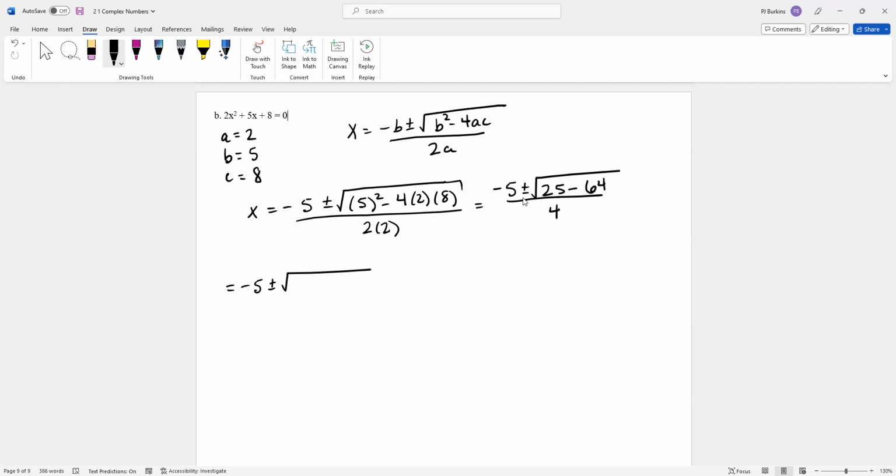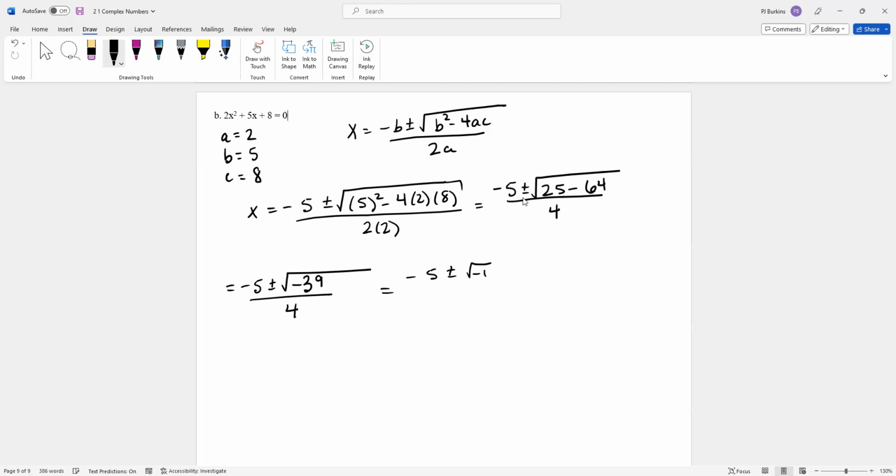So 25 minus 64. Let's see, we need 5 more to get to 30, another 30 to get to 60, and then another 4. So it looks like negative 39. So this one doesn't come out quite as nice.